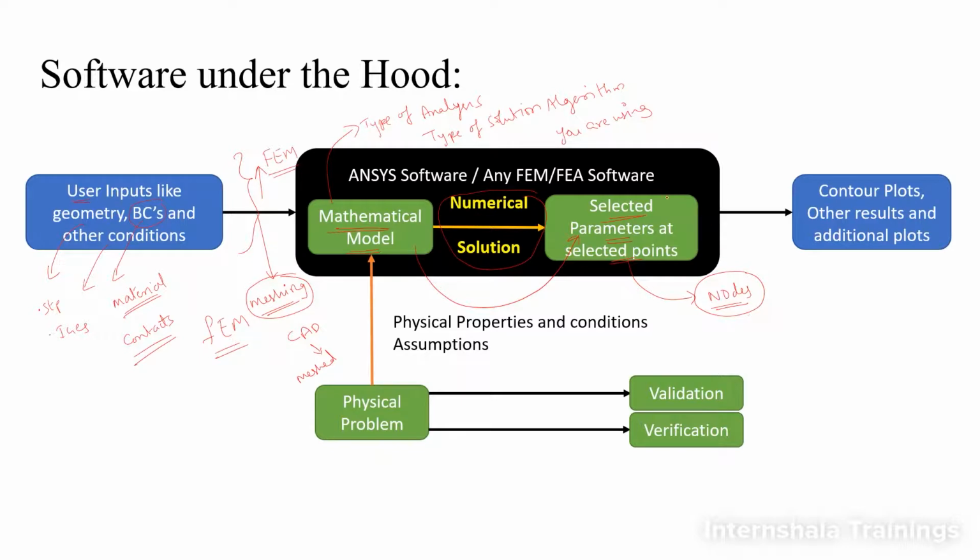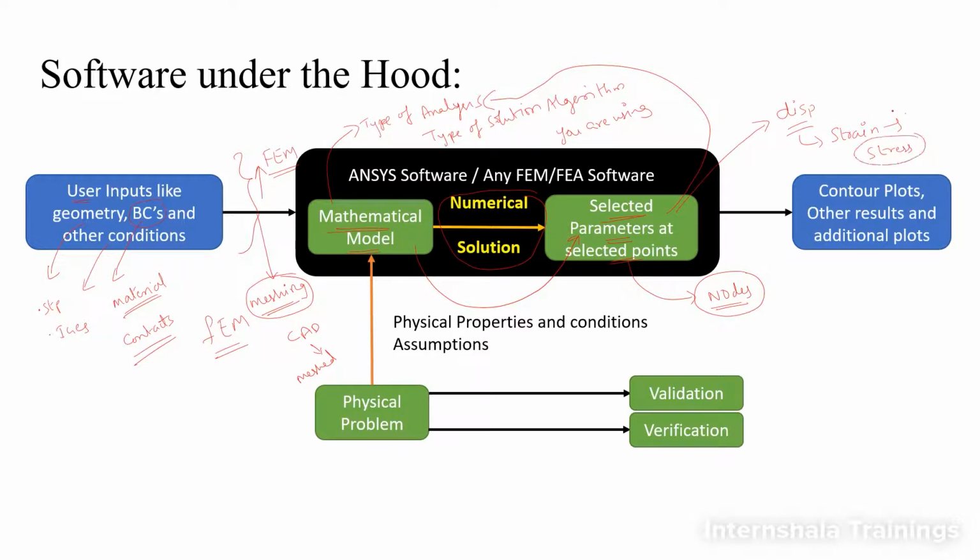And remember, these selected parameters also depend on the type of analysis you are performing. Let us suppose you are performing structural analysis. The selected parameter will be the displacement, and we have a relation between displacement and strain, and between strain and stress. So from displacement we get strain values, and from strain values we get what are known as the stress values.